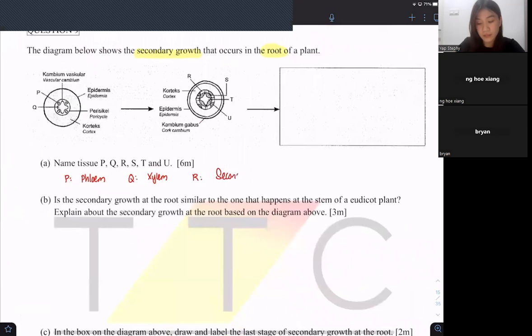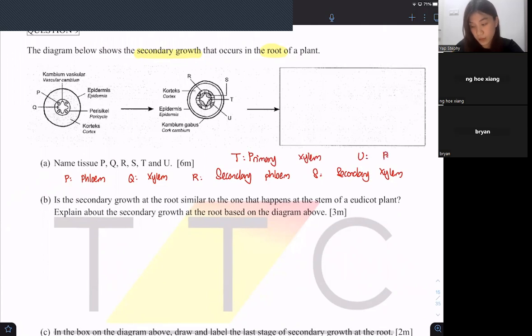You can write down secondary phloem. S is the secondary xylem. T is the primary xylem. Then U is the primary phloem. Yeah, like this.